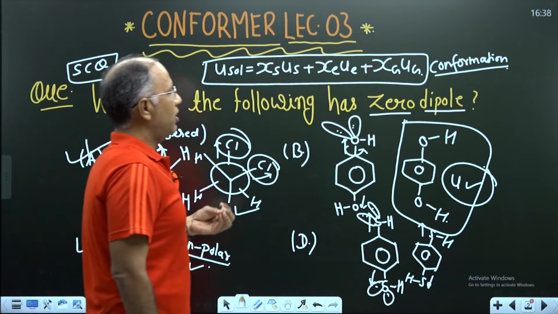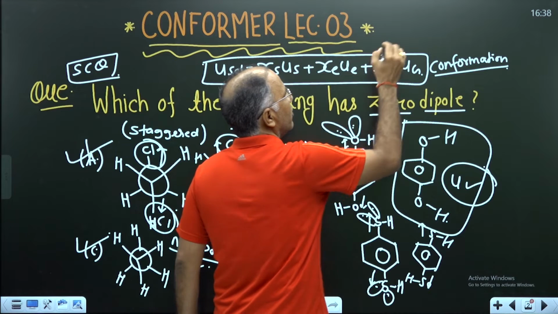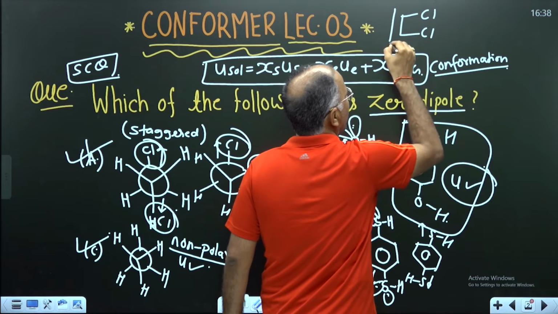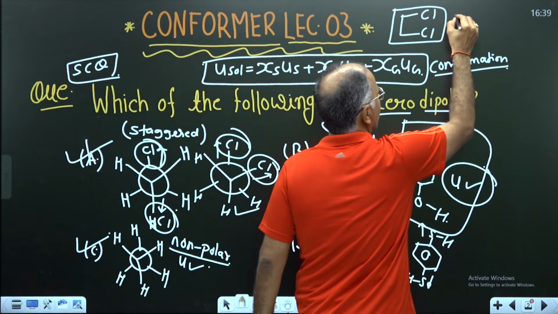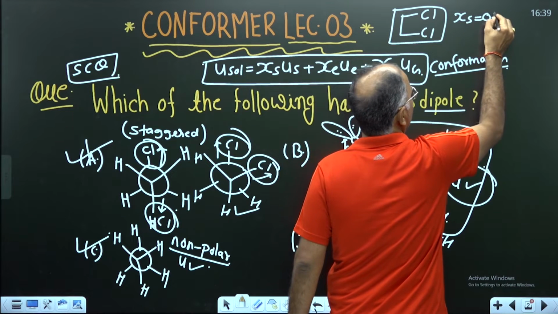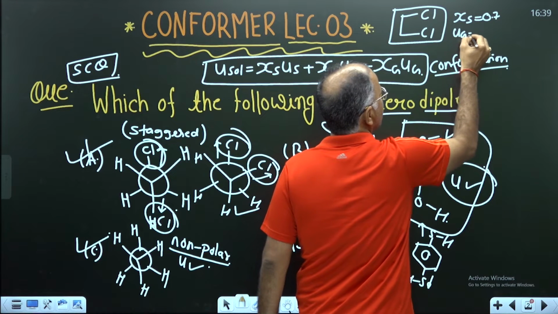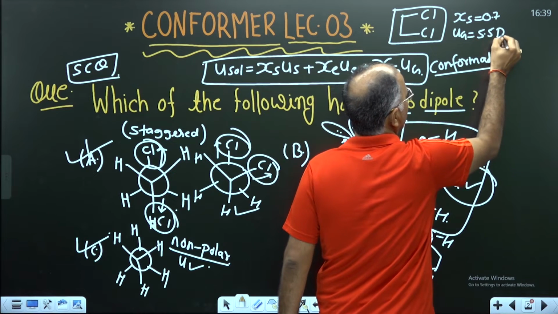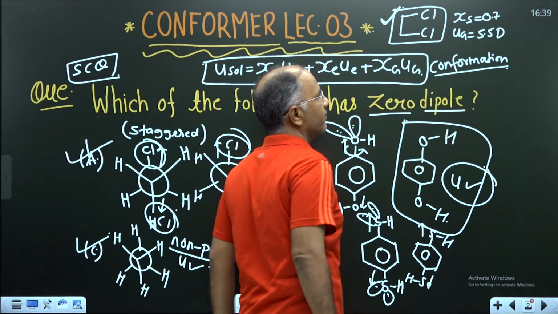Now let us solve one advanced question that was previously asked probably in 2011 or 12. They asked that we have 1,2-dichloroethane, and the mole fraction of staggered conformer is 0.7 and the dipole of gauche is 5.5 D. Then what is the overall dipole of this 1,2-dichloroethane?